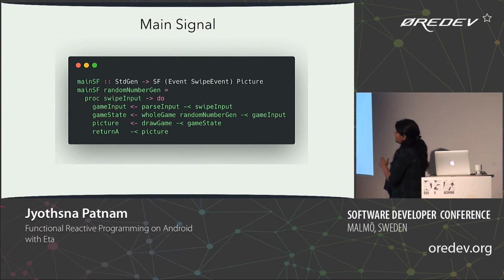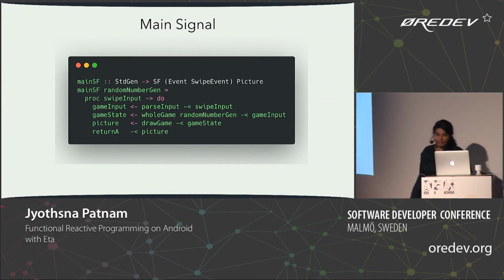And the game state is taken as an input into the draw game signal function, which renders our game itself. So on a high level, this is what is happening. The proc do block is similar to the do notation itself, but this is for something called arrows.